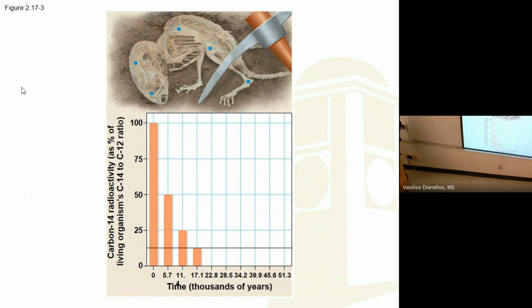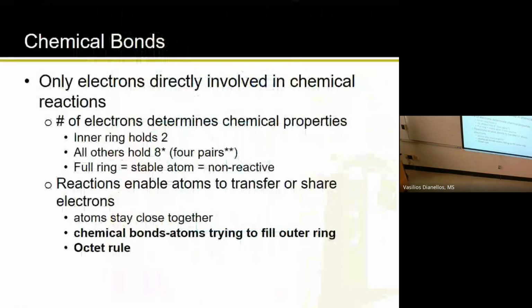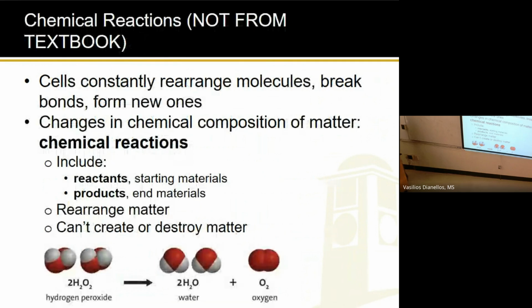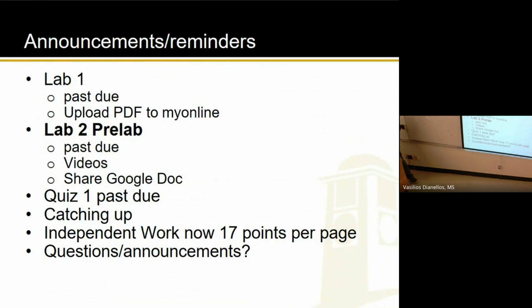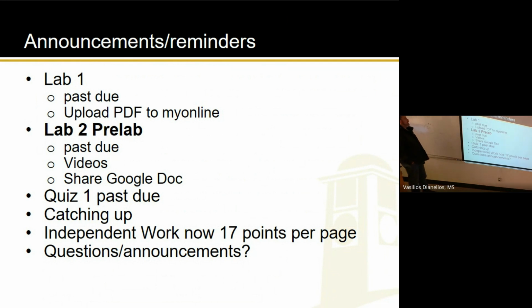All right. Let's get started really quickly with announcements and reminders. As a reminder, Lab 1 is now past due. You need to upload that to Mile 9 if you haven't already. It's the first lab, so I'm very easygoing as far as the due dates are concerned.